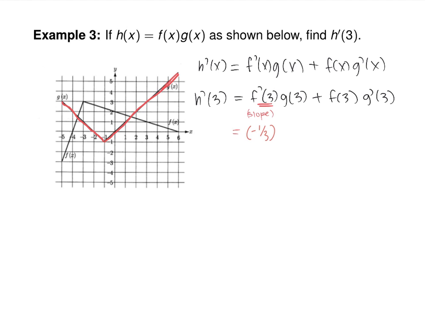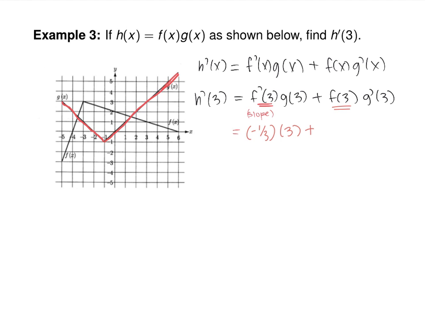Okay? How about, what does g of 3 mean you're supposed to do? Plug 3 into g, right? So you go to 3. It is the y value when x is 3. So at 3, what is the y value of g? 3. Okay, plus, what does f of 3 mean?